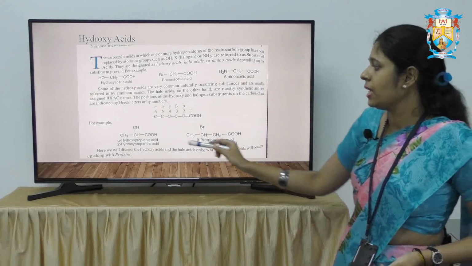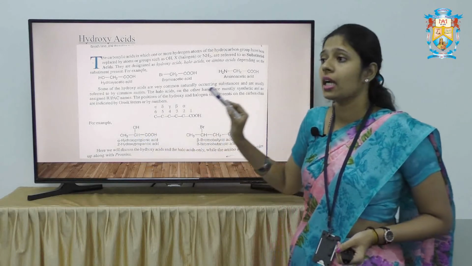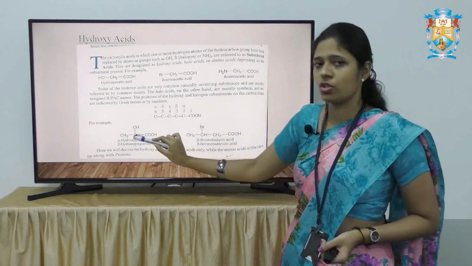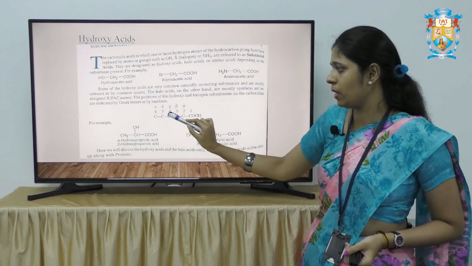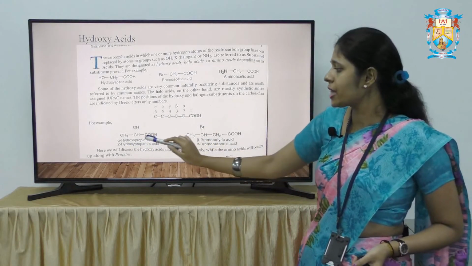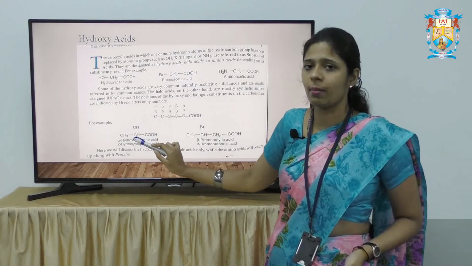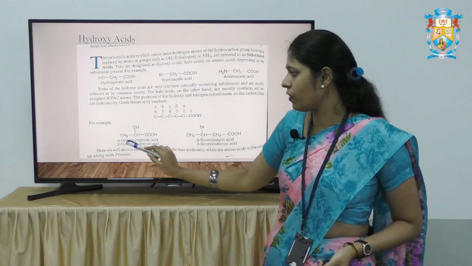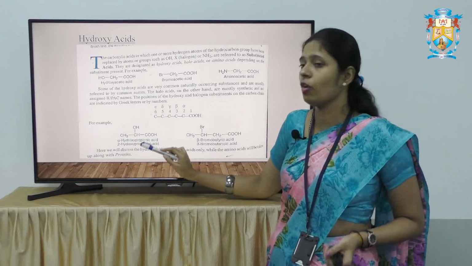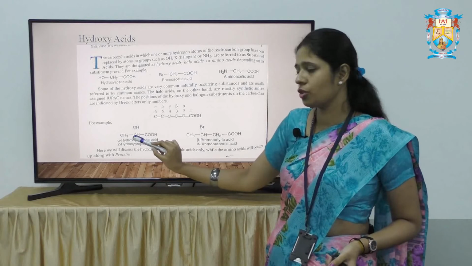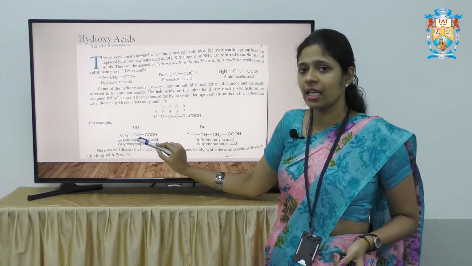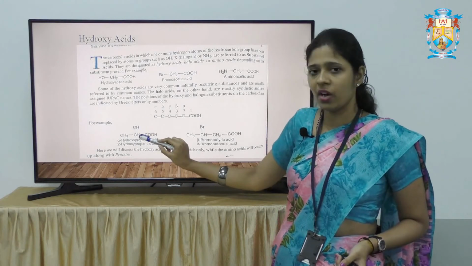Now here you see that the OH group is attached to the carbon next to the functional group carbon, that is next to the COOH group. So as we learned previously, it is called alpha hydroxy acid because this OH group is attached to the alpha carbon atom. So it will be named as alpha hydroxy propanoic acid. Propanoic because it consists of 3 carbon atoms, 1, 2, 3, and the hydroxyl group is at the second carbon atom, which is named as the alpha carbon.